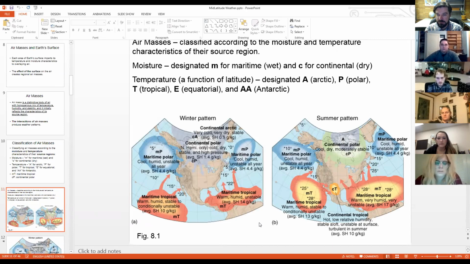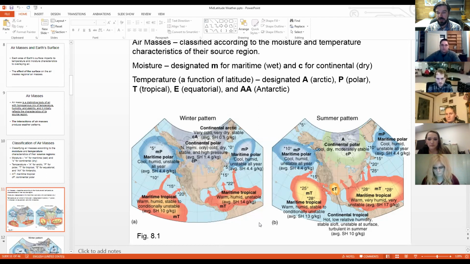Continental polar, you'd expect it to be, in this case of North America, right over sort of the North Pole and then descending down through northern Canada. Likewise, maritime polar is going to be the coastal, the oceanic sides of North America. So along the Alaska coast and also along the Newfoundland and Labrador coasts of Canada towards Greenland on the eastern coast.